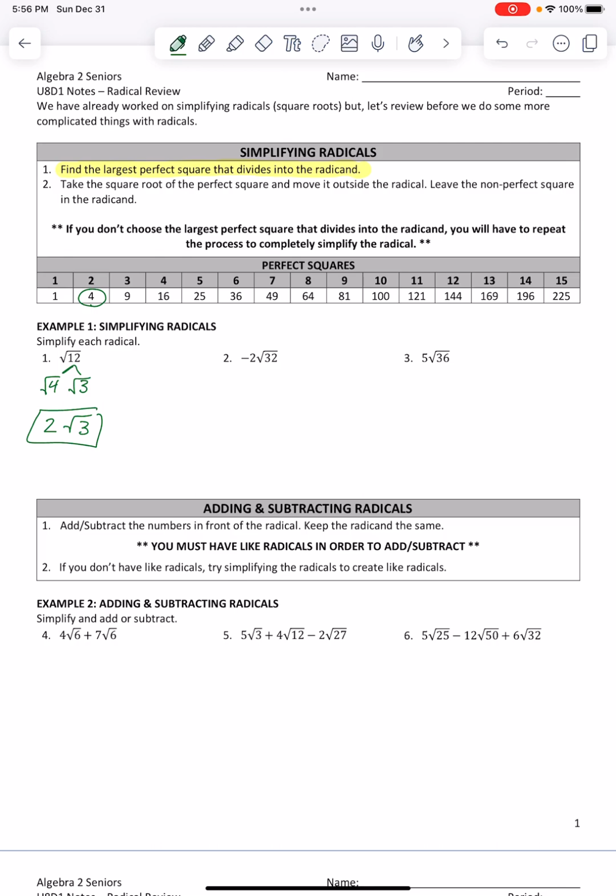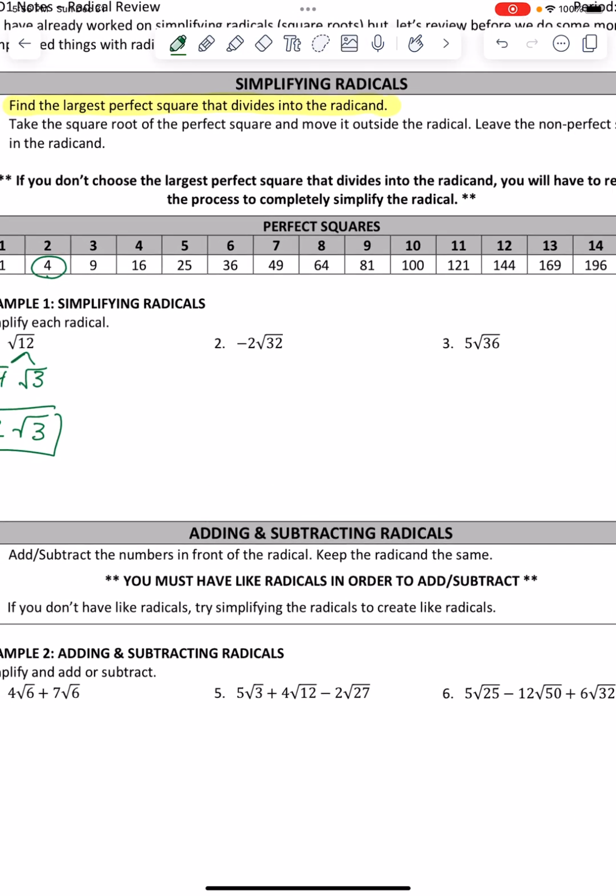If we look at number 2, negative 2 square root of 32. So simplify 32. The largest perfect square that goes into 32 is 16. So the square root of 16 is 4, and then square root of 2 we can't do anything with. And we have that negative 2 hanging out front.